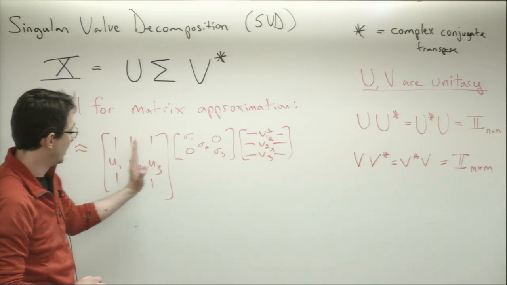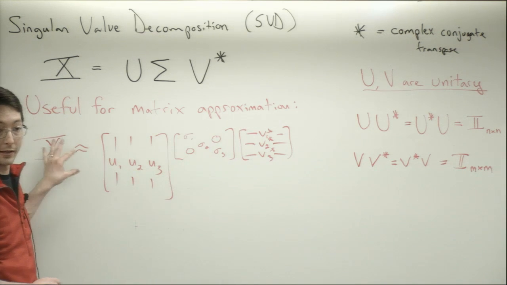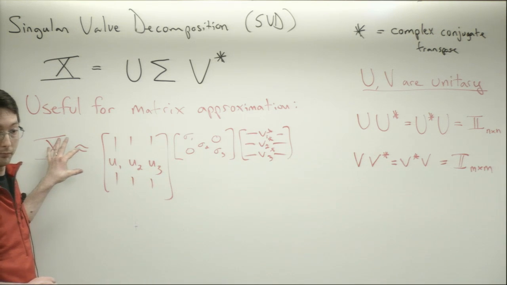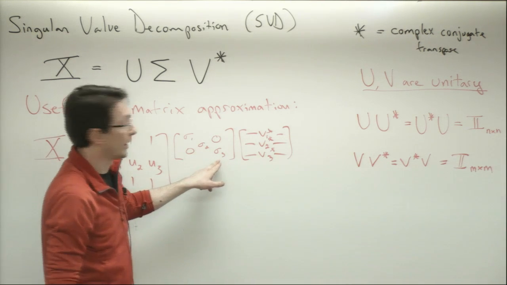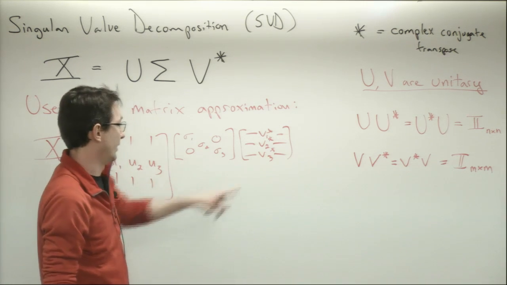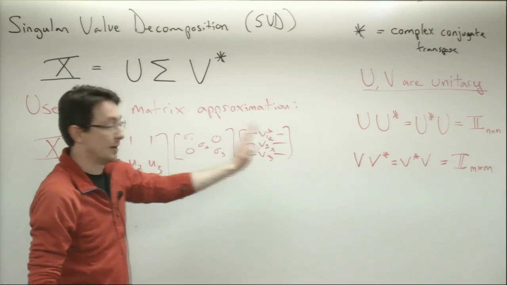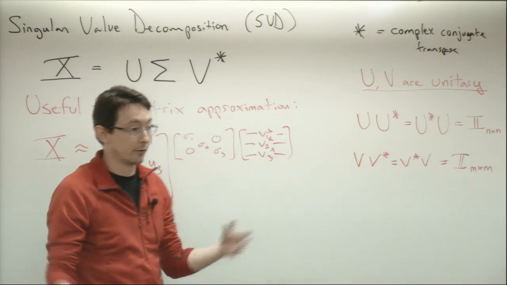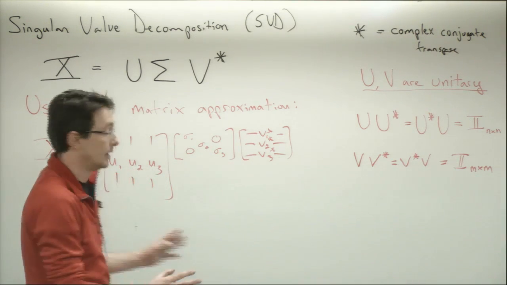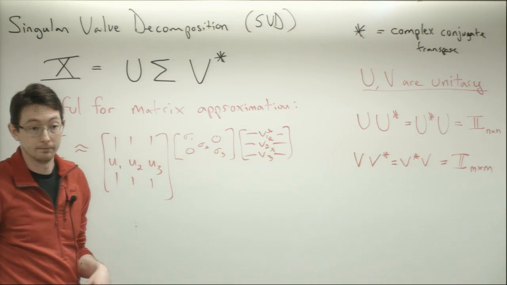There's no other 3 U's, sigmas, and V's that will better approximate this matrix X. If I wanted to keep 5 pieces of information, I would keep U4, U5, V4, V5, and sigma 4, sigma 5. If I wanted to keep 9, I would just keep 9. I can keep as many as I like and throw away as many as I like, and I'm guaranteed that that's the best approximation with that much information possible.